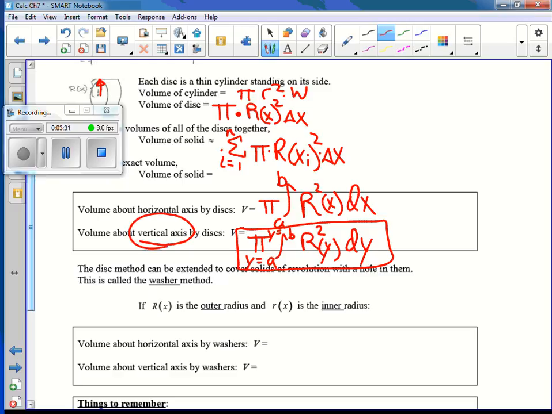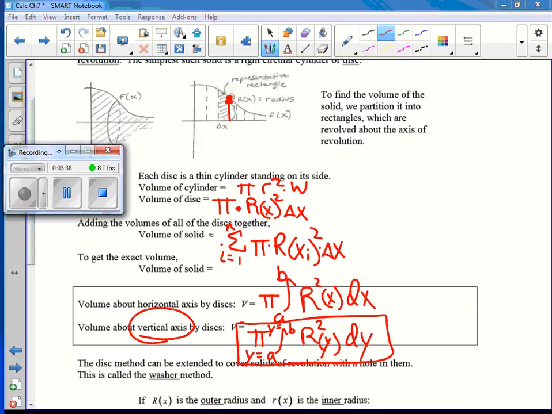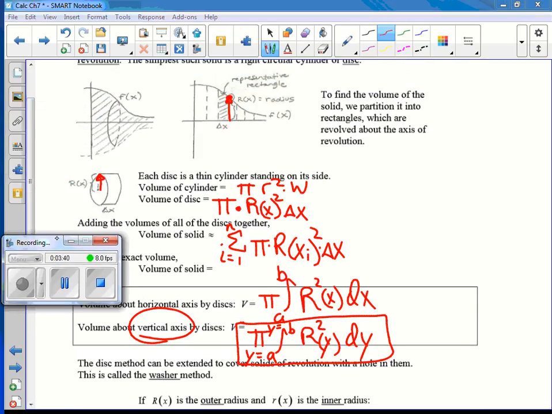Now, before I jump into the other one, I want to go back here and explain where all this comes from before we go any farther. What we're talking about is finding the volume of disks and washers. This concept comes from the section we just did over finding volume.